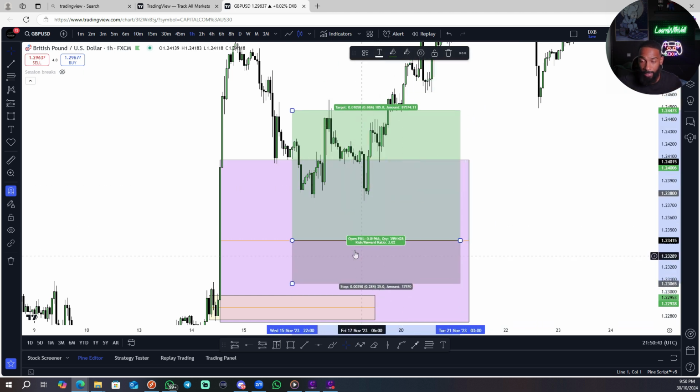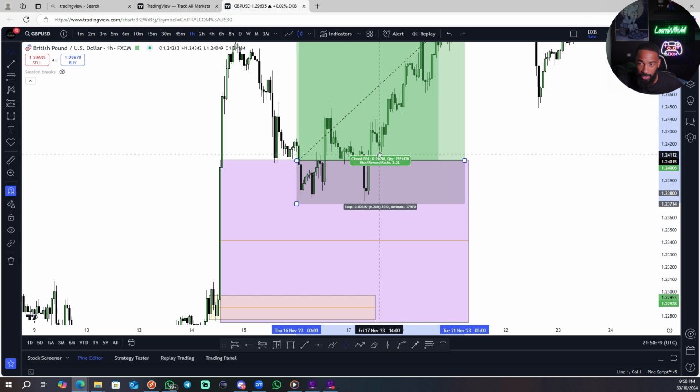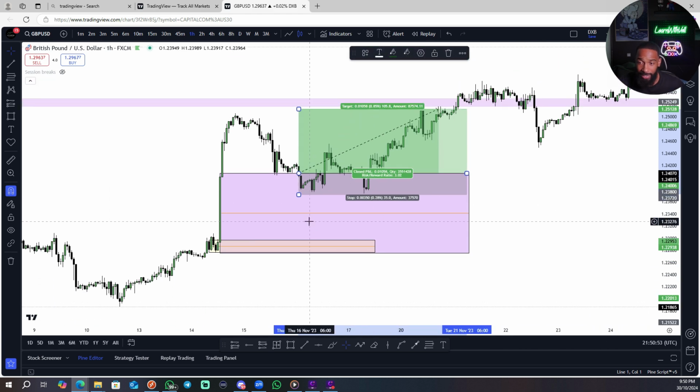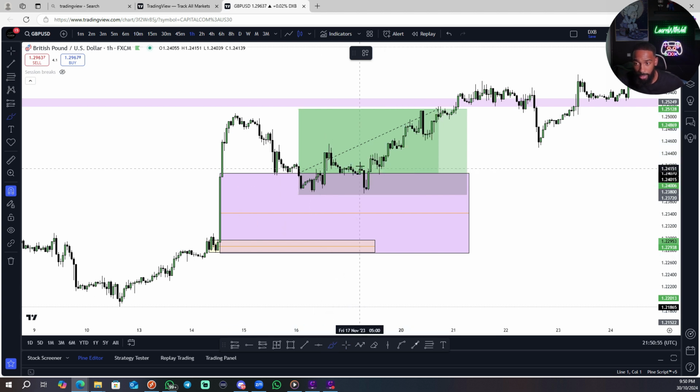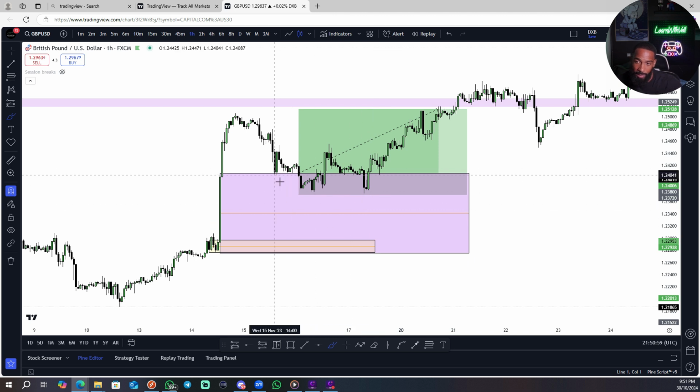This is another reason why it's really good to mark out 50% of the candle, guys, because sometimes your 35 pips, especially if you're trading GBP USD, may not cover all of the candle. And price could come down into the candle and then push up. Therefore, it's important to make sure that we give ourselves a fighting chance, and that's by having two entries at two different places of the candle.